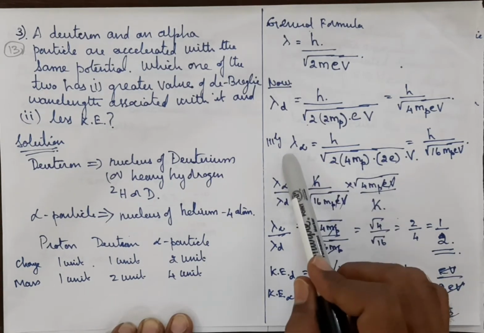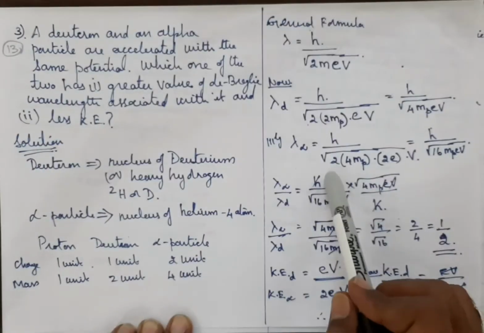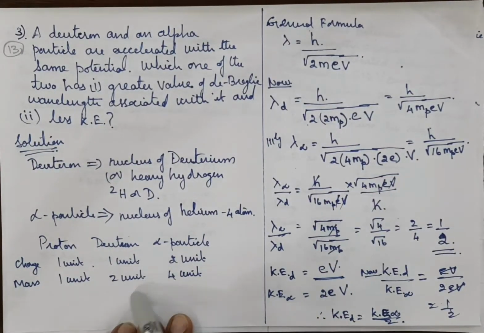I will repeat once again. Lambda alpha is equal to h by root of 2 in the formula. Now we are calculating the alpha particle.